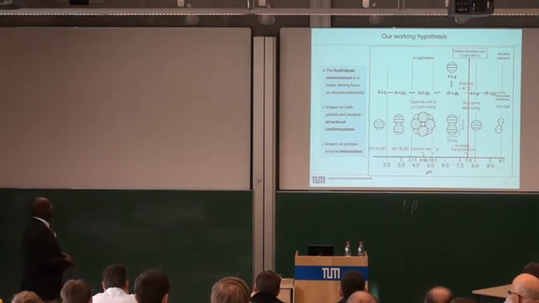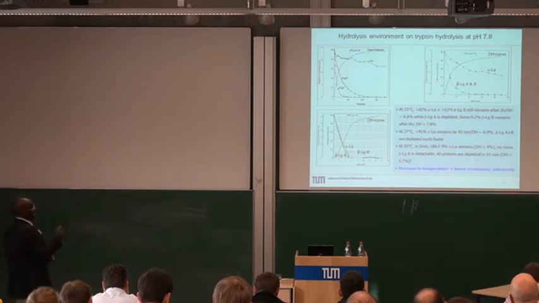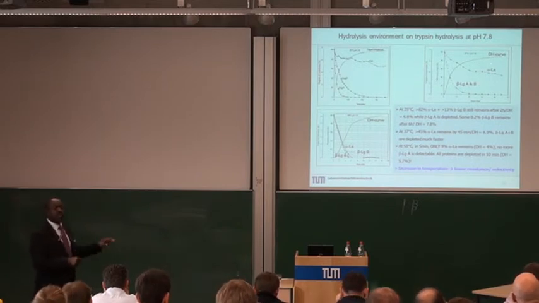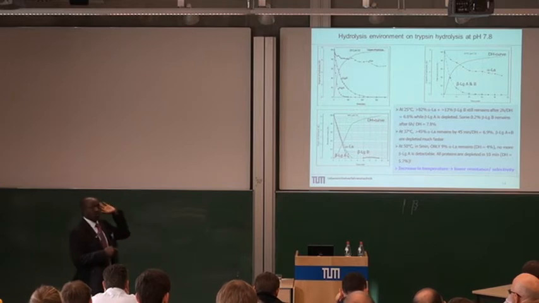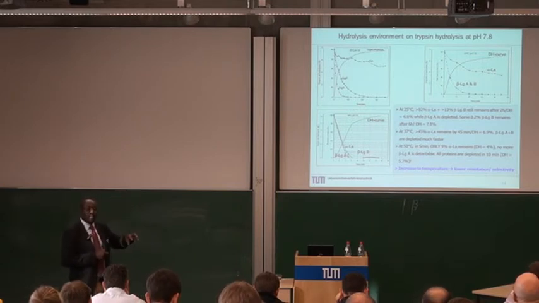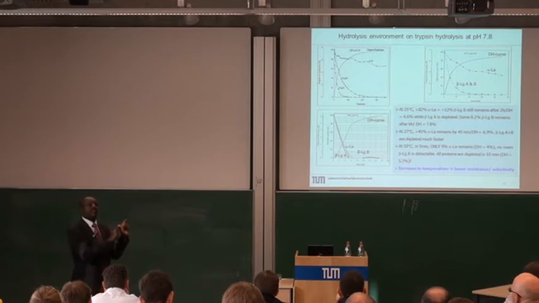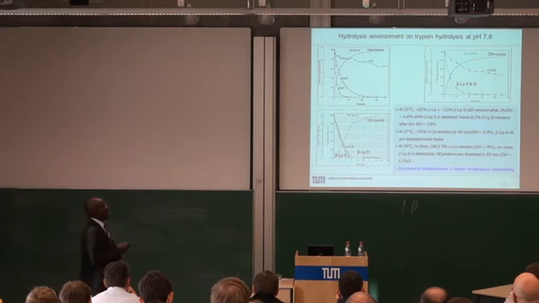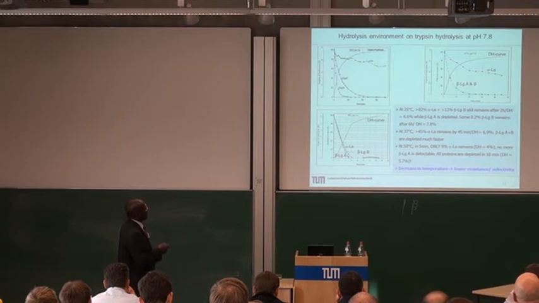Let's have an example. Start on the right side, top right. This is when we digested whey proteins using trypsin at the optimum conditions for trypsin, pH 7.8, 37 degrees Celsius. What do we see? Two things. Number one, alpha-lactalbumin remained a little unchanged, if you could allow that.